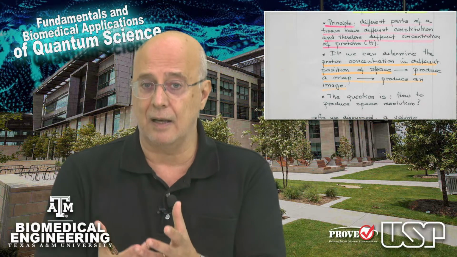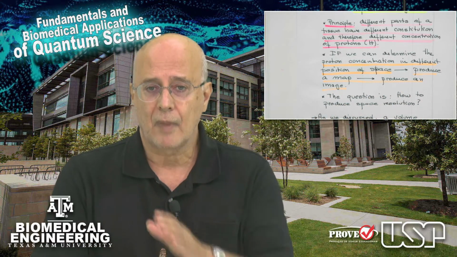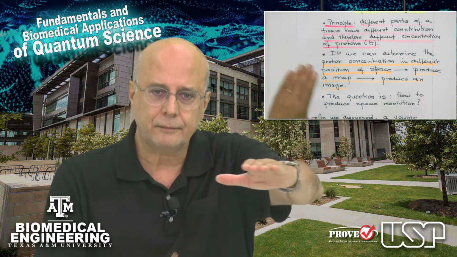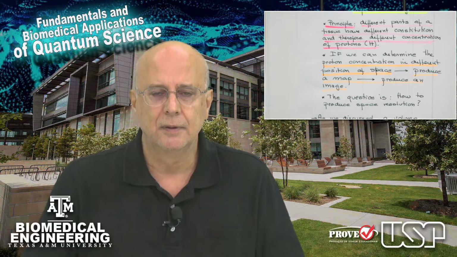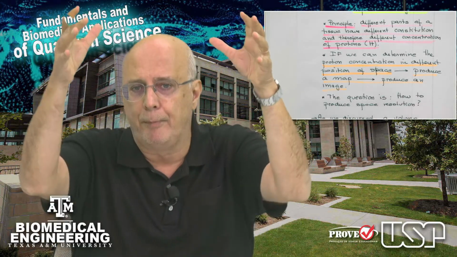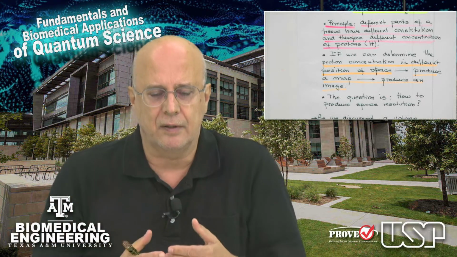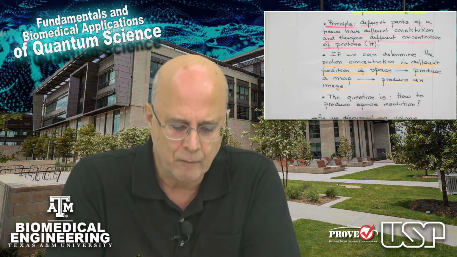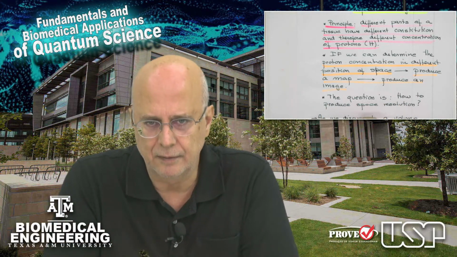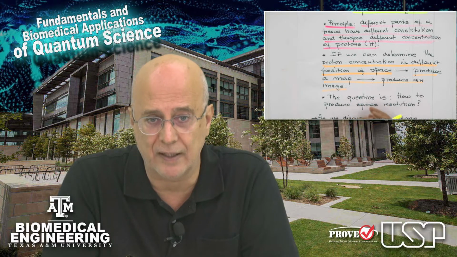This map is a planar map, a 2D map. Then we compose the 2D maps, and we can create the topology of this thing. That's the principle. If we can do that, we can do the imaging.